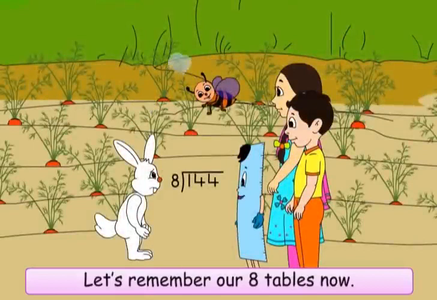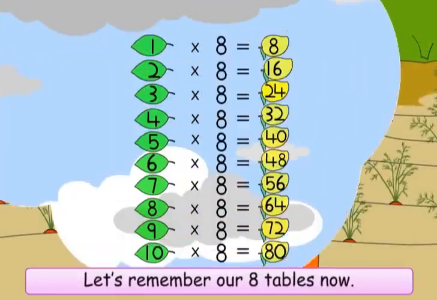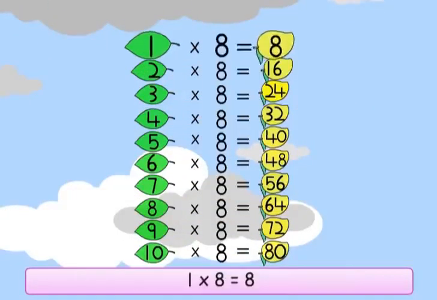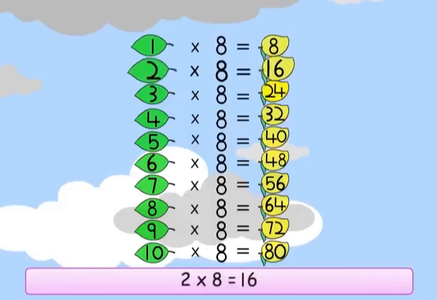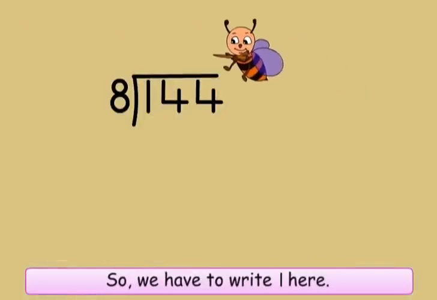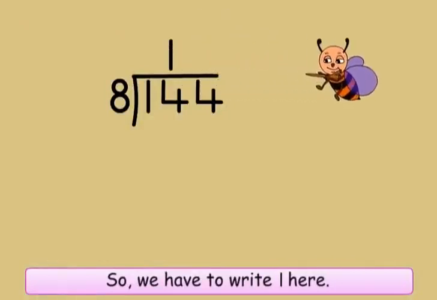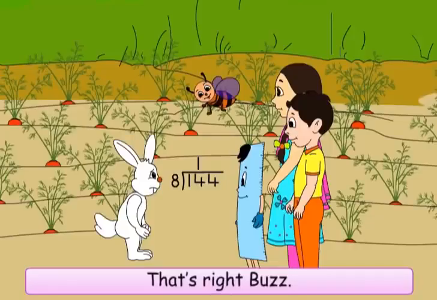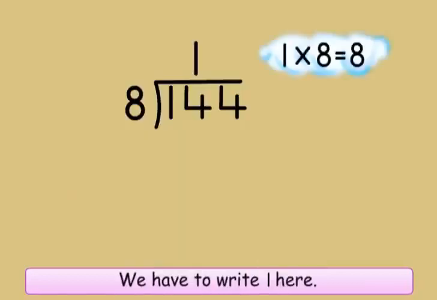Let's remember our 8 tables now. 8 ones are 8. 8 twos are 16. Stop, Futta. 16 is more than 14. So we have to write 1 here. That's right, Buzz. We have to write 1 here.